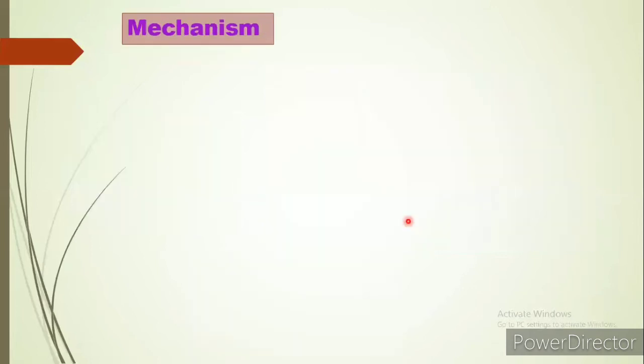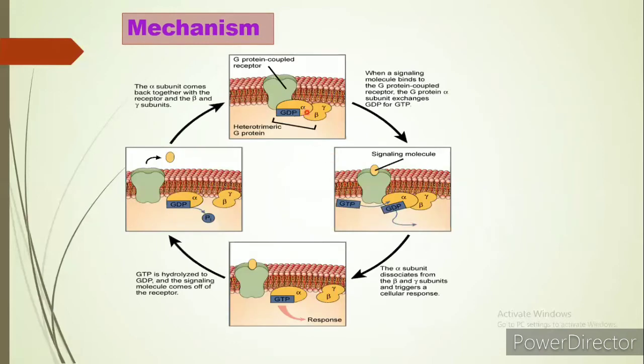Then the mechanism. In this G protein coupled receptor, we have already discussed the mechanism. There are three steps. First, as I have already said, the receptor is in its inactive form. This is the G protein coupled receptor, and this is the G protein with three subunits bound to GDP.